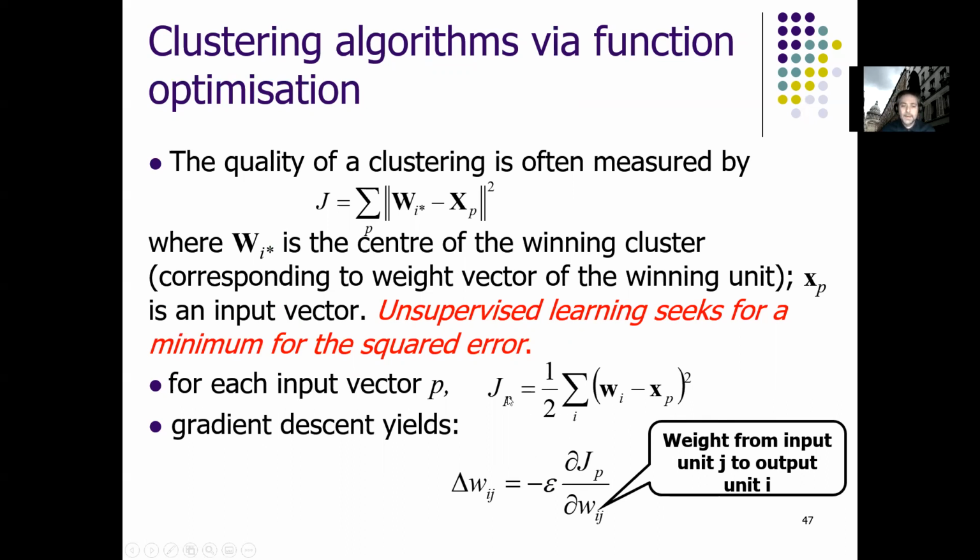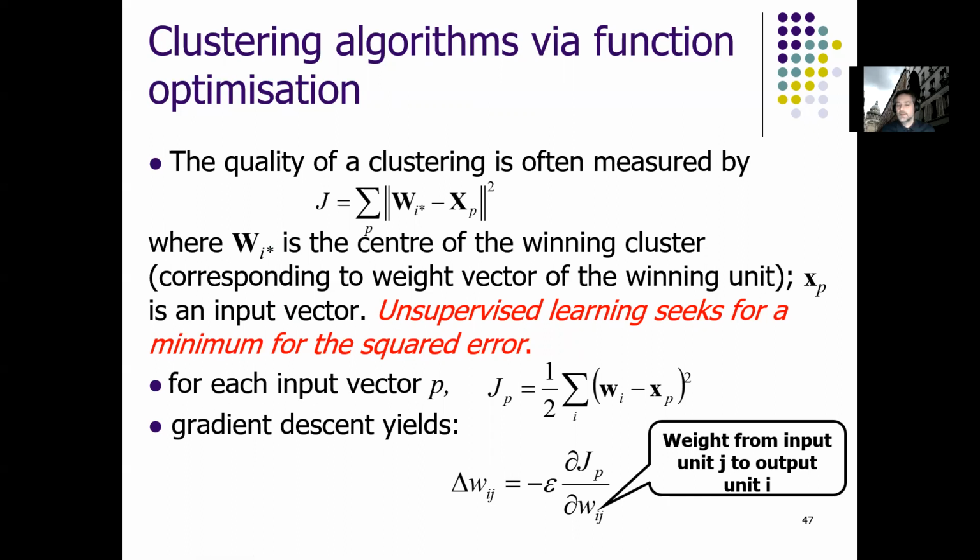The minimization is based, again, if we use a gradient descent approach, then we have to calculate the weight corrections. And the weight corrections, the best way using the steepest descent, is to get the negative of the gradient. So the weight corrections are the negative of the gradient times epsilon, which is the learning rate in this case.